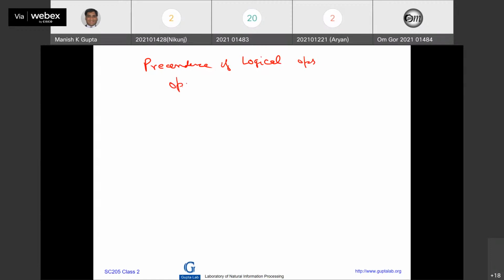So operator and precedence. This one negation is the first. Meet is second. Join is third. Implies is fourth, and biconditional if and only if is fifth. This is the order in which we evaluate the expressions. Okay.